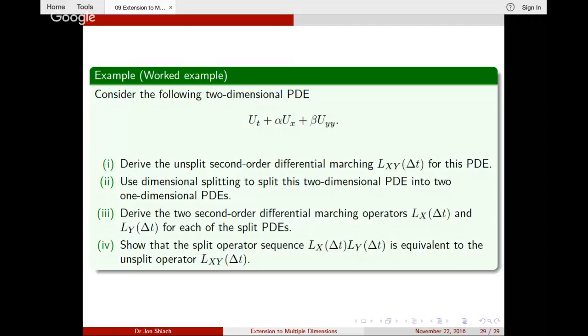Essentially, what I've written is my next value of the solution U is equal to LXY delta T applied to U. That is essentially saying what's my next solution, and that is equal to this operator, all of which is applied to my current solution.